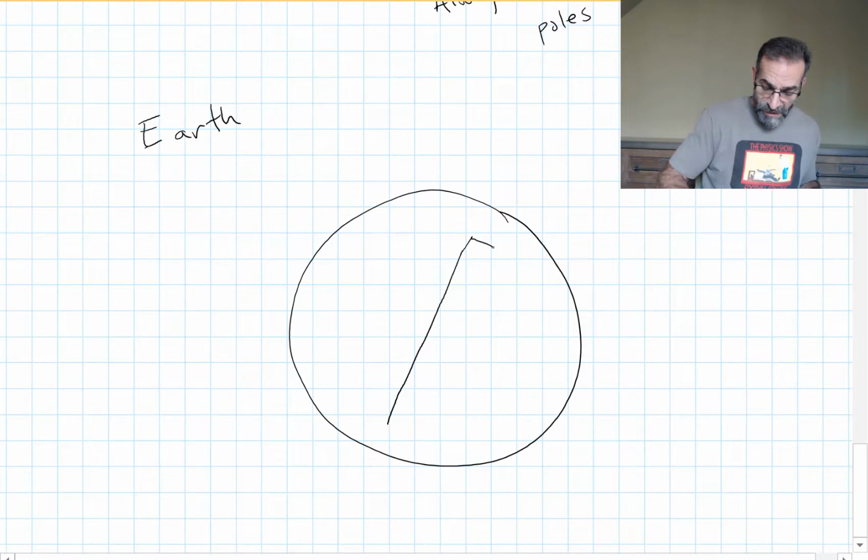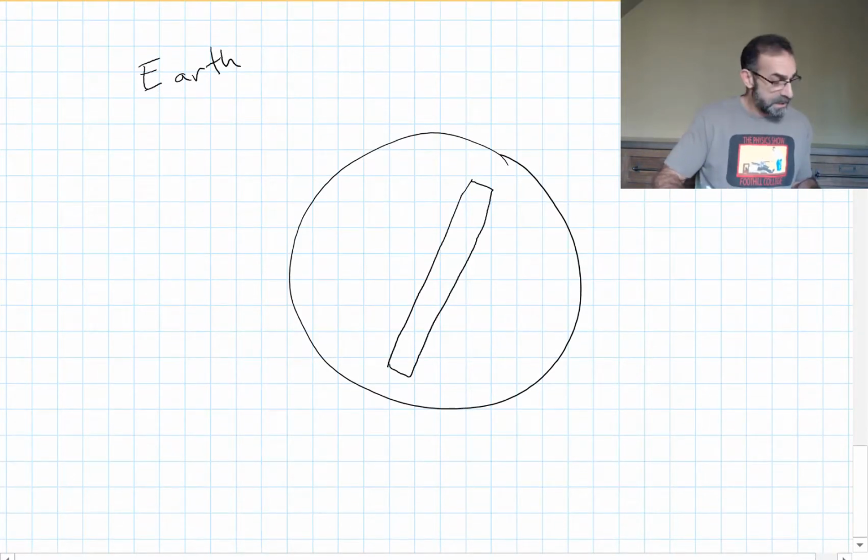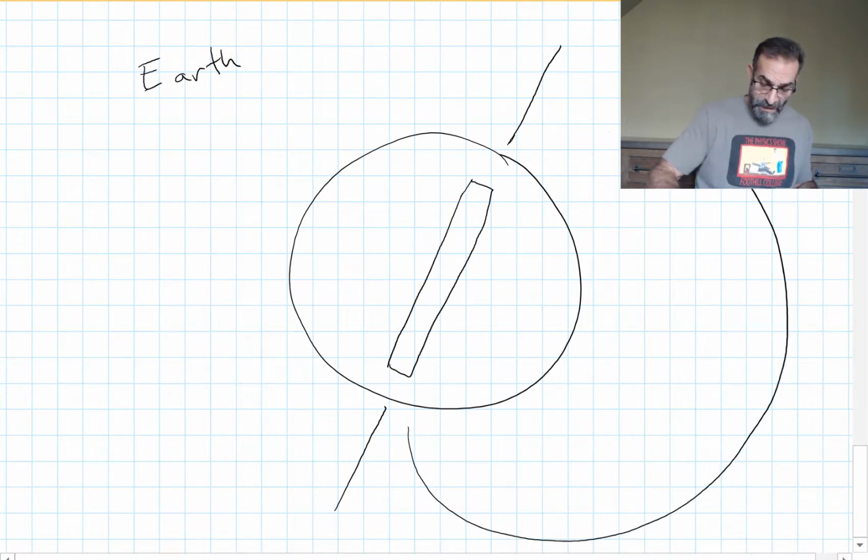It's as if the Earth is a bar magnet, and the magnetic field lines would look like the ones I drew earlier for a bar magnet.